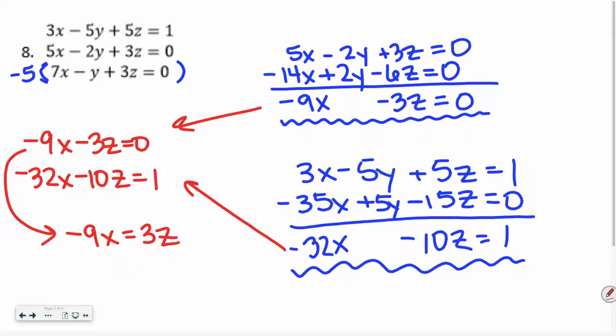Which makes z equal to -3. Whoa. It's like that is not z. Whoa, whoa, whoa.